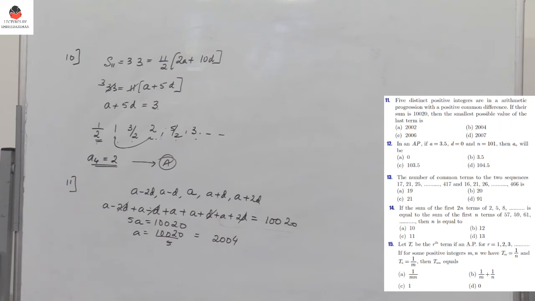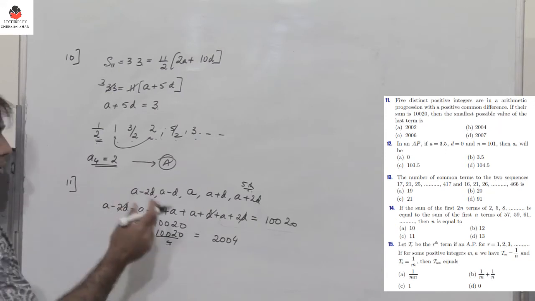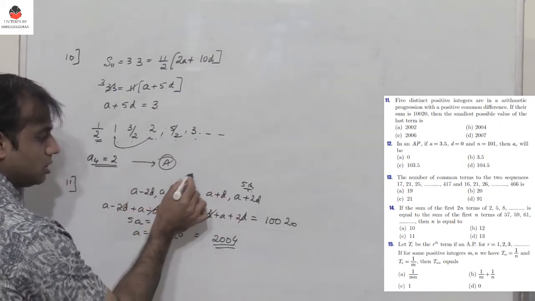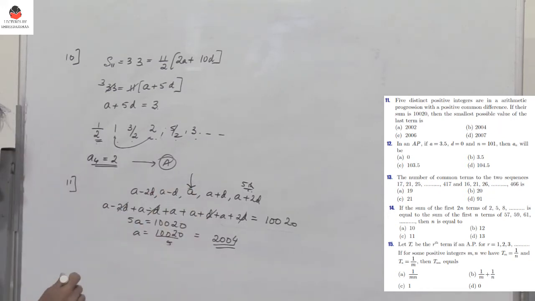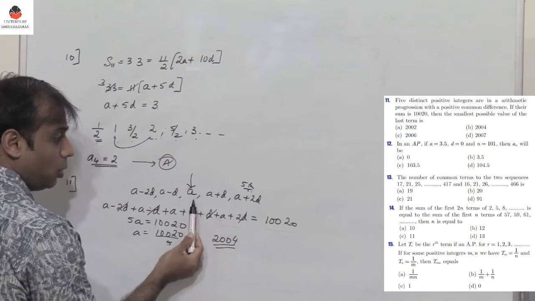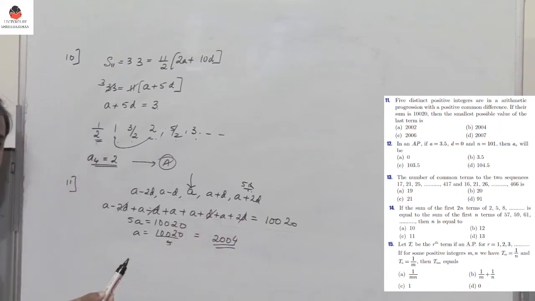So a is 2004, and then we need to find, now what is the smallest possible last term? So here 2004 is the middle term, the third term. The smallest possible value of the last term will be such only when the common difference is equal to 1.